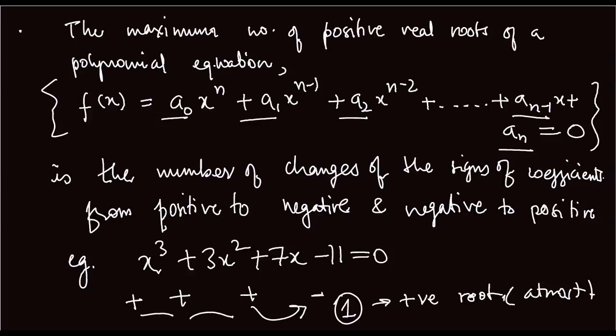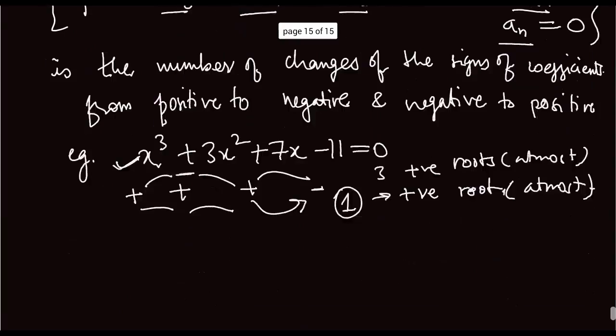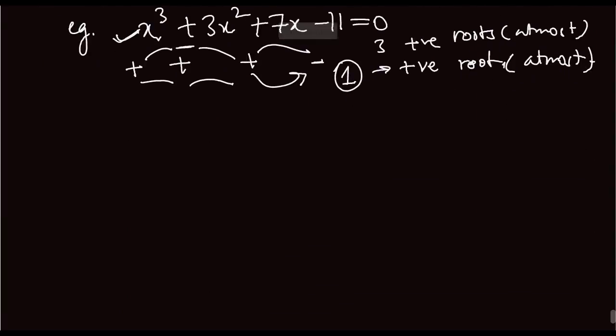This is the at most condition. You may have alternating signs, plus minus plus minus, then you will have 3 positive roots at most, and of course you can have at most 3 positive roots, because the degree of this equation is 3.